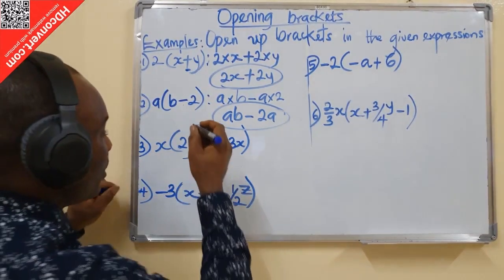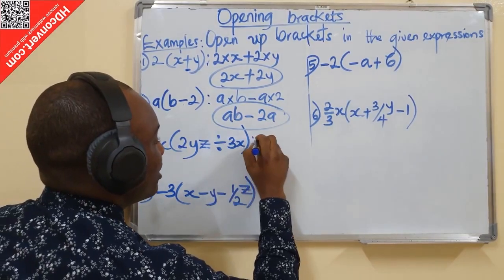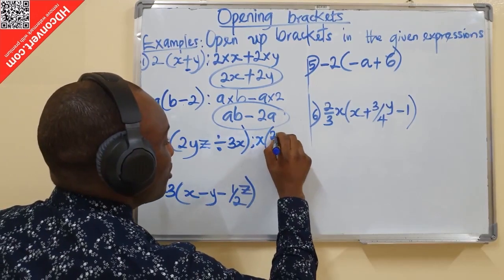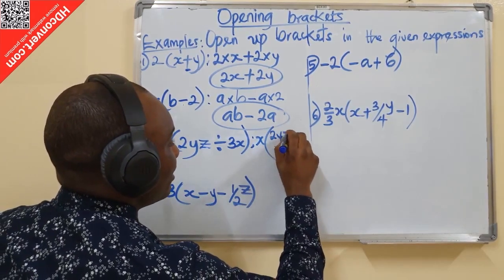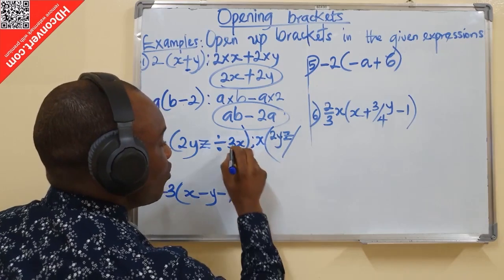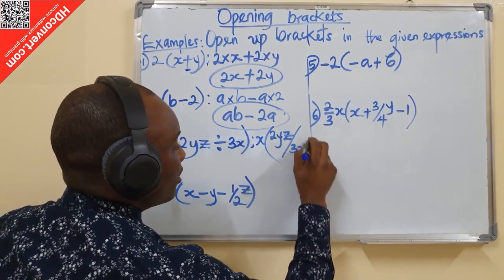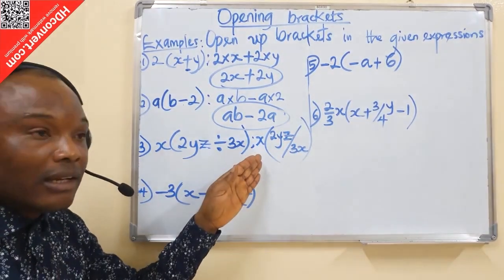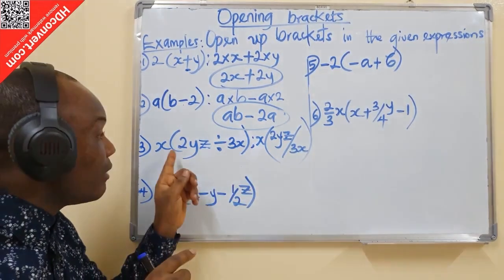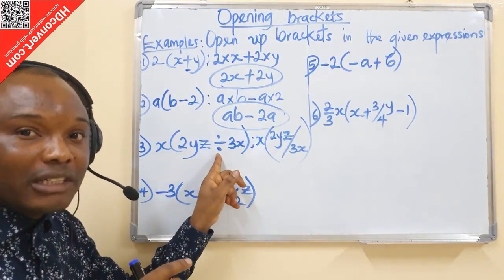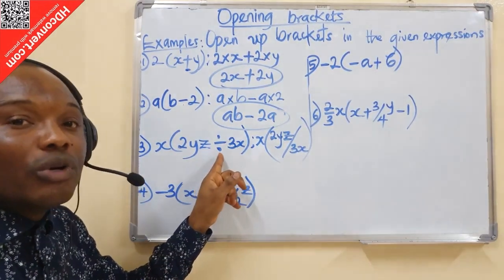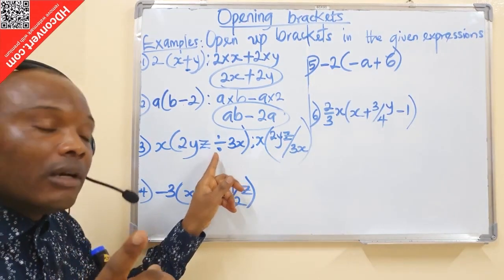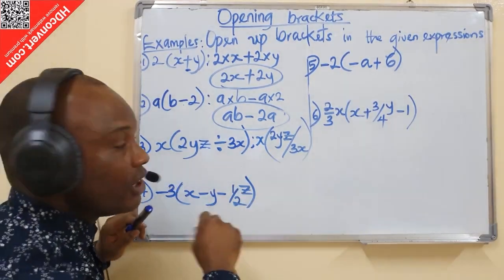So the x outside the bracket remains x outside the bracket, but inside the bracket, 2yz becomes our numerator, y3x is our denominator. We haven't changed anything, but the reason for this is so that we don't mistakenly multiply both of them because of the division sign. This rule only applies to division and multiplication signs, okay? So be careful when you are dealing with that.